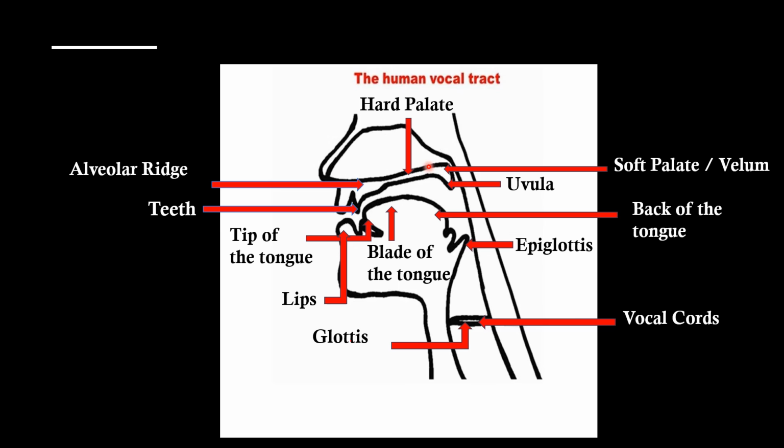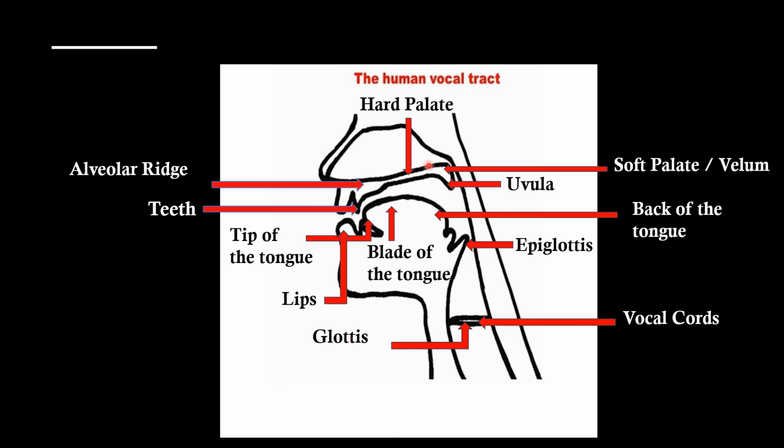When in the lowered position, the nasal cavity is available. There is some air in the oral cavity, but it is blocked at the given point of articulation. The only passage available for the air is our nose.